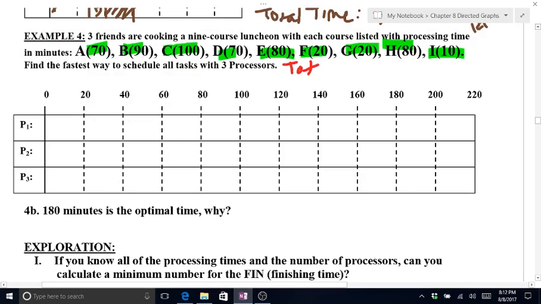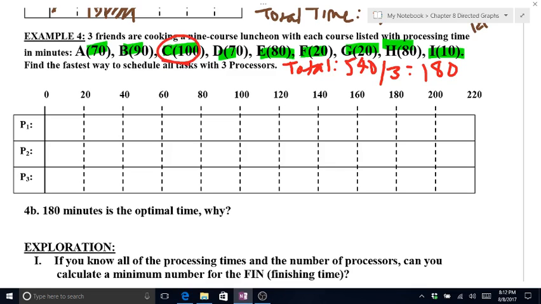So total 540. Okay, we're going to try to split this between 3 processors. So divide that by 3, that's 180. Let's see what I can group together in 180 minutes.